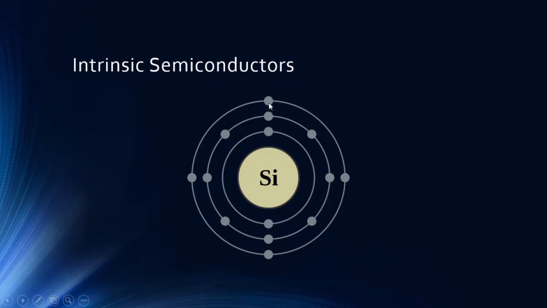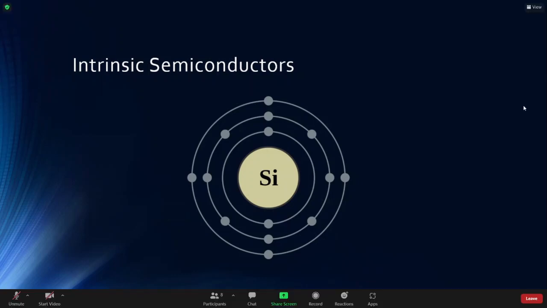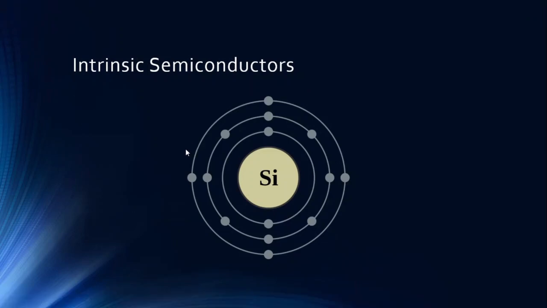So kagaya nitong silicon, we have 1, 2, 3, and 4. So apat. Apat yung valence electron niya. So it means na yung pwedeng kumawala sa kanya ay apat, or at least 1. And then yung apat nandun sa labas. Pwede natin siya i-partner with an adjacent atom. So mamaya papakita ko sa inyo yung tinatawag na crystal lattice structure.